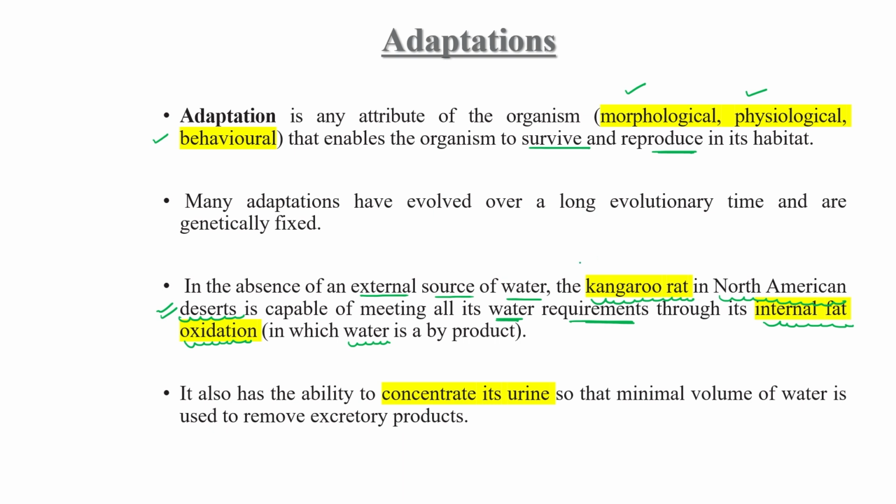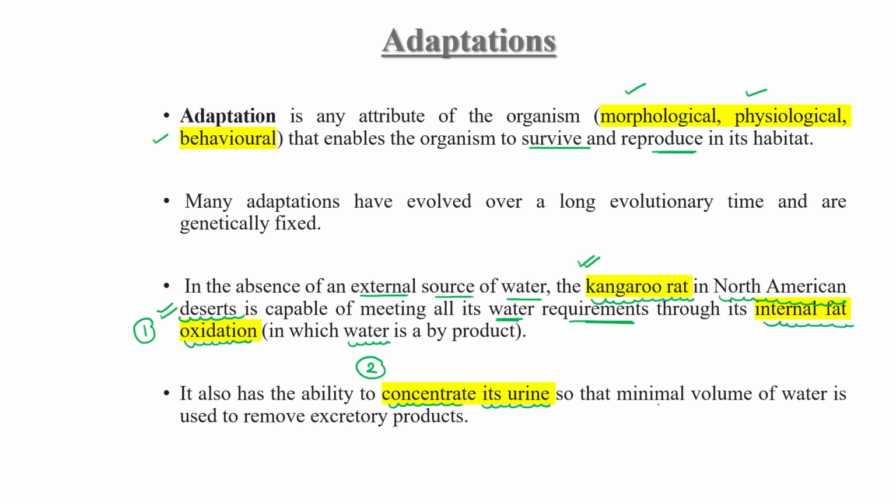So the kangaroo rat adapts itself like this in the absence of water. That is the first adaptation, and another adaptation is to not waste water. It also has the ability to concentrate its urine so that a minimum volume of water is used to remove excretory products.